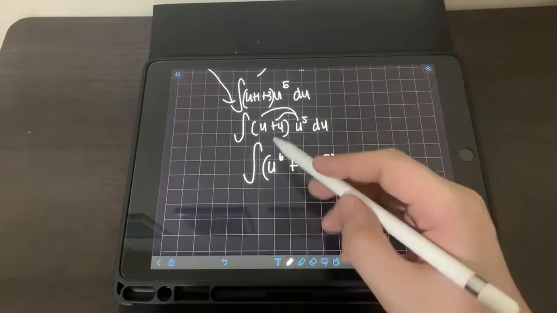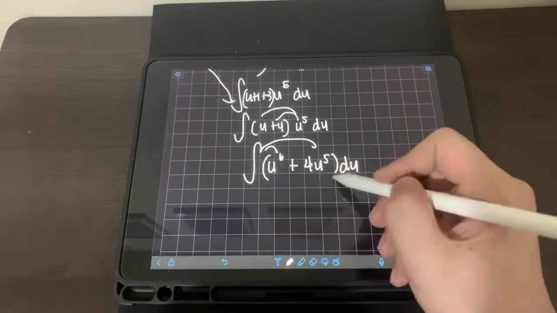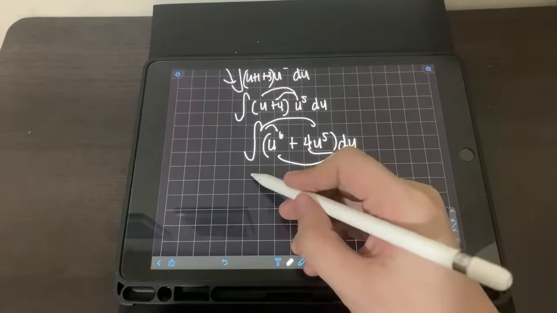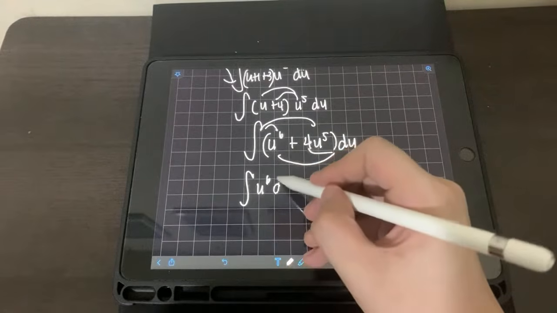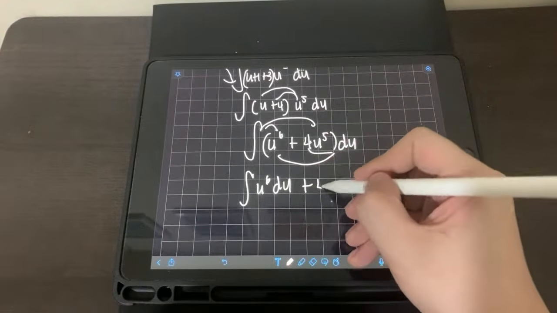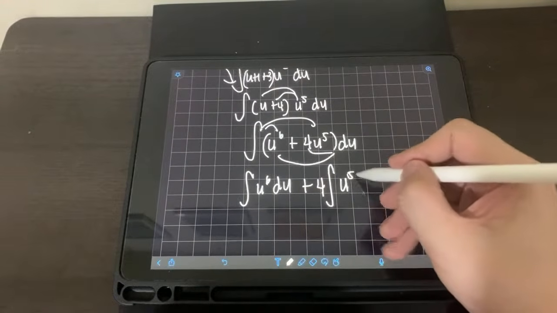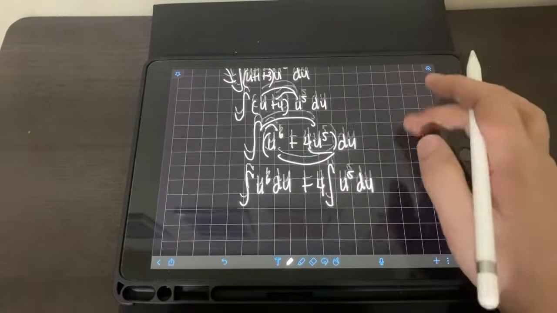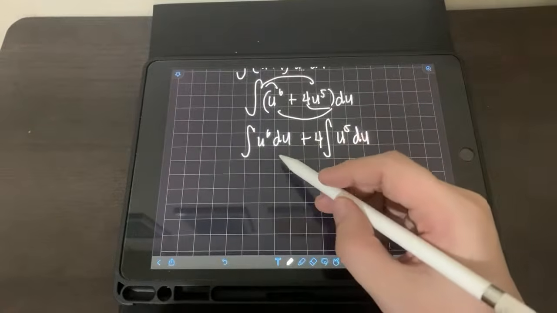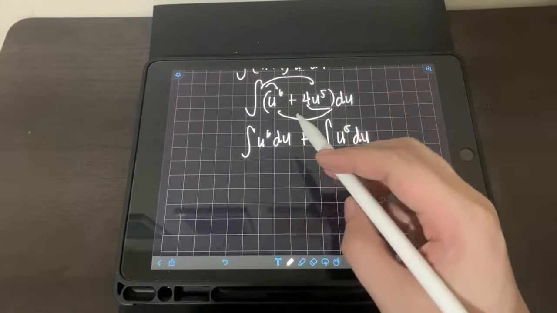And then you can distribute the integral symbol together with the du. So you will have integral of u to the 6th du plus 4, constant gilid, integral of u to the 5th du.